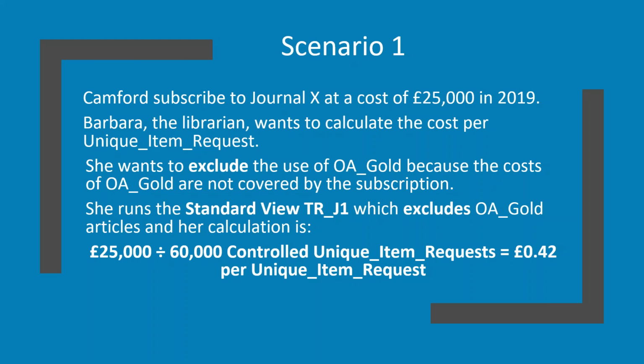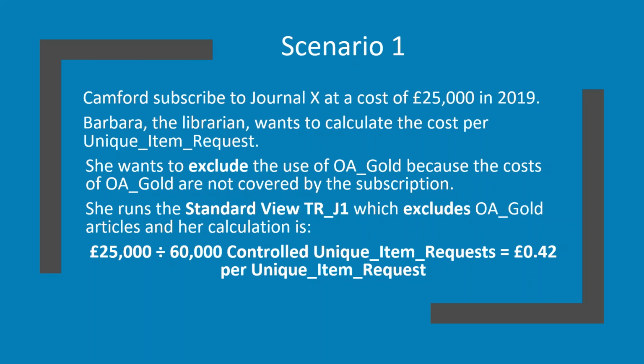So in this scenario 1, Barbara, the librarian at our imaginary Camford University, subscribes to a journal, and she can see that the controlled use for the year of this particular journal was 60,000 unique item requests, and the university pays £25,000 for that journal.